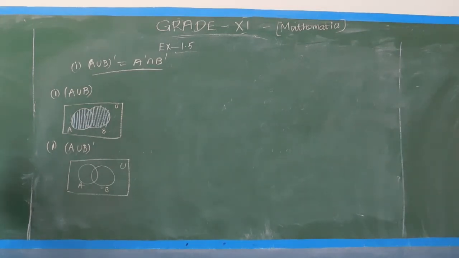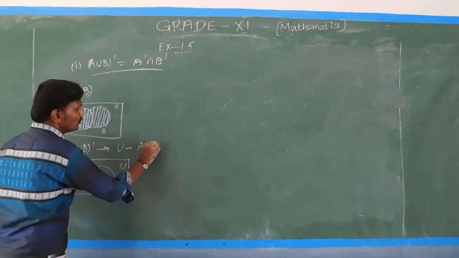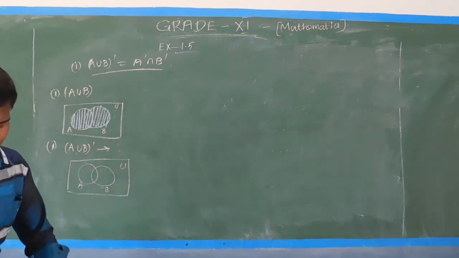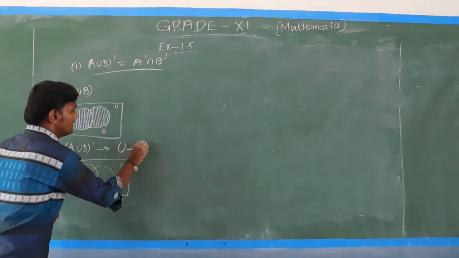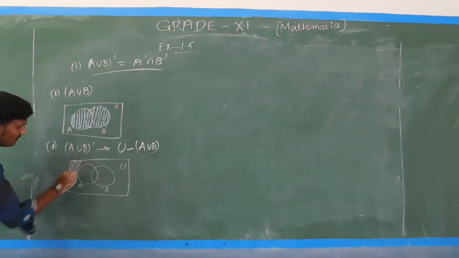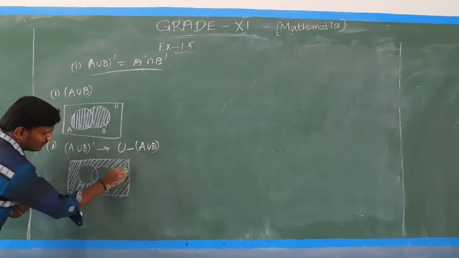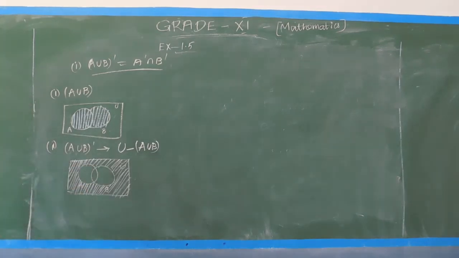Now A union B the whole dash means I want to neglect A union B and shade the place of universal, because it is universal minus A union B. So I want to omit A union B only from the universal set, and I am going to shade only the place for universal. So this is your A union B the whole dash.